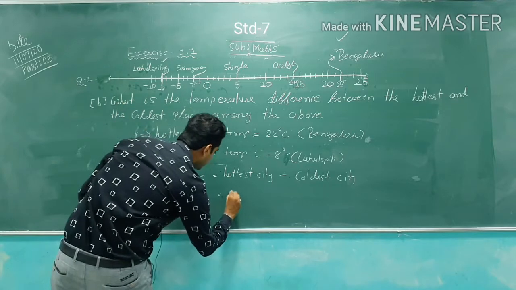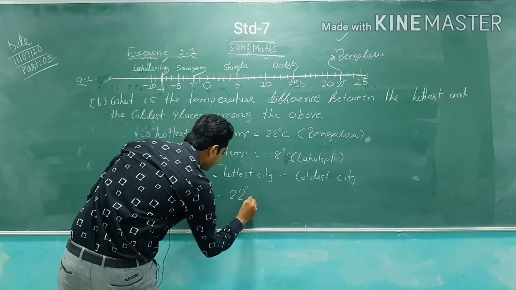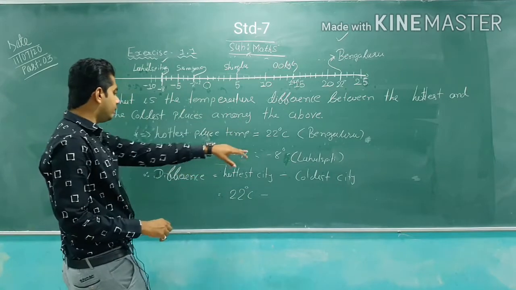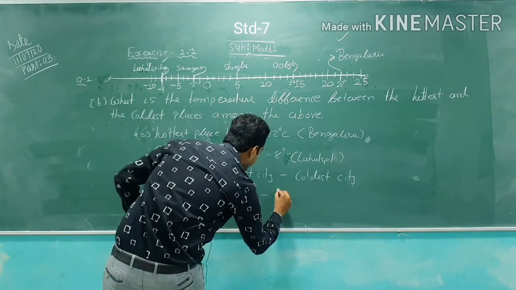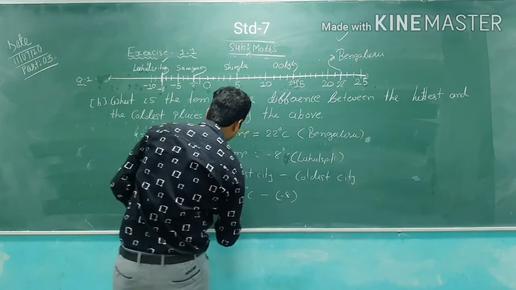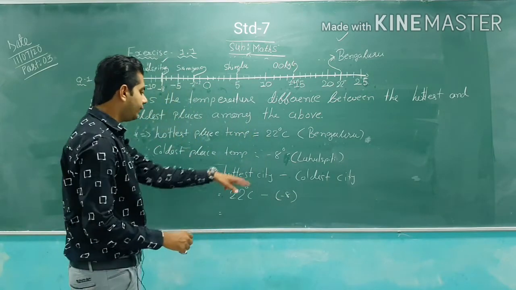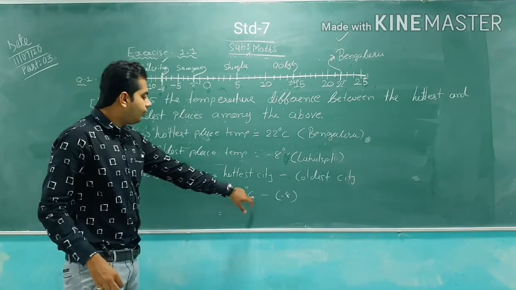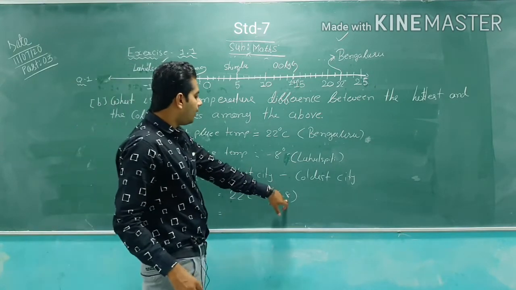22 degrees Celsius. So here 22 degrees Celsius minus the coldest city. The coldest city is Lahaul Spiti, so its temperature is what? Minus 8 degrees Celsius. So now the difference between is what? See, 22 is positive, then minus, and the 8 is minus.